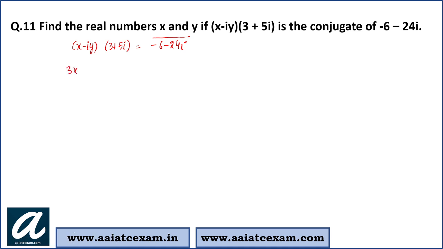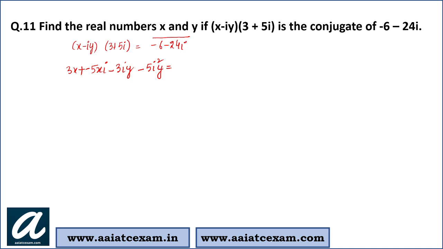So let me multiply them. It is 3x plus, just a second, just multiply it, 3x plus 5x iota minus 3 iota y and minus 5 iota square y.